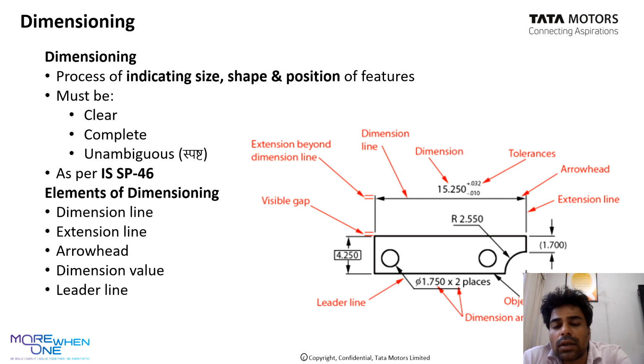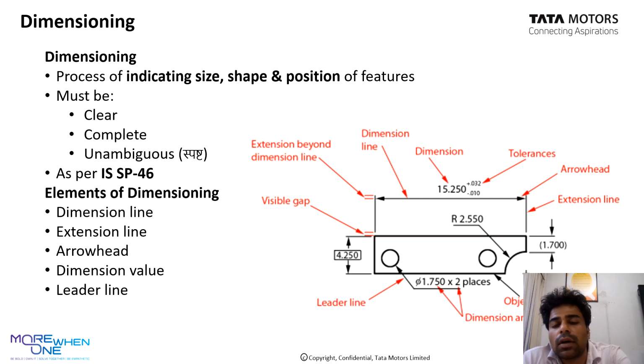Here the diameter is 1.75, and that diameter is in two places because there are two circular cuts made over here, and you can see a diameter symbol written just before the 1.75 dimension.